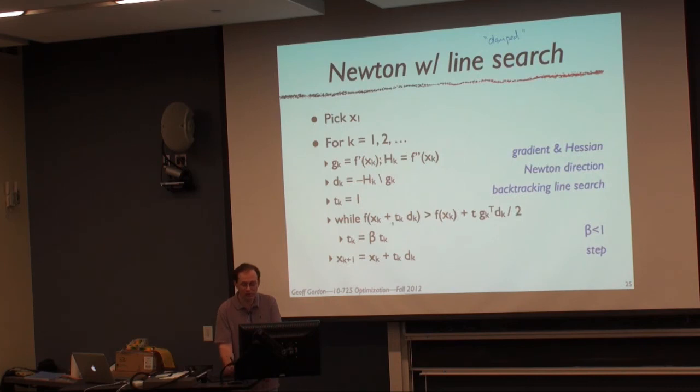And while you don't have sufficient decrease, this is the same sufficient decrease condition that we saw with line search for gradient descent, you set t to be beta times t for some beta that's less than 1, right? And so you're going to guarantee here, if you remember, we had a picture like this, where here's the approximation, right?